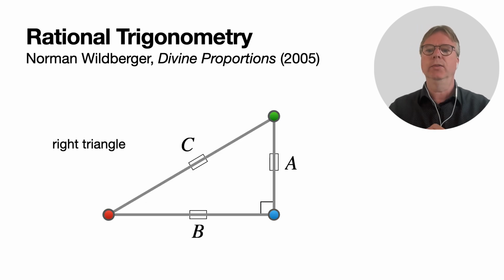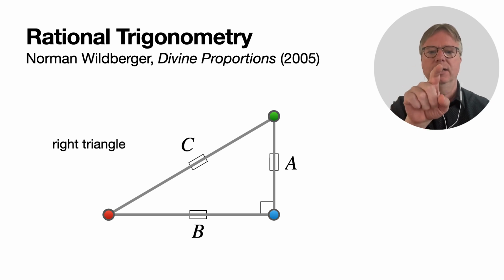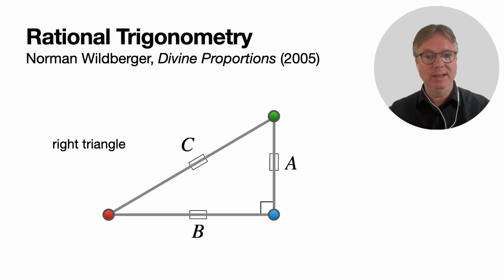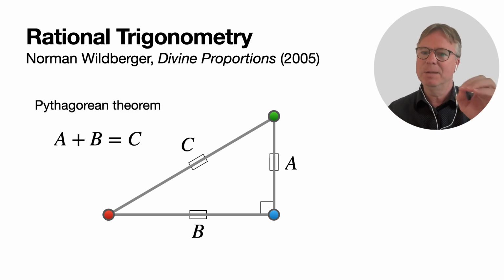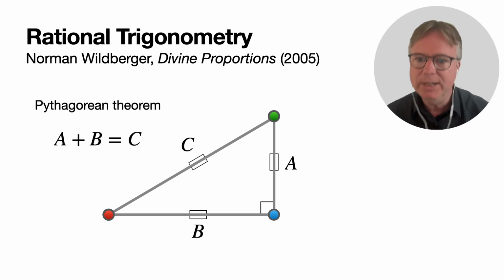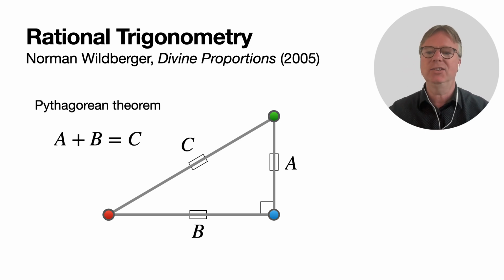So let's get into it. Let's start with a right triangle. It has lengths small a, small b, small c, but in the parlance of rational trigonometry, those are quadrances. So it's big A, big B, and big C. And maybe you can already think ahead, because the Pythagorean theorem is valid here, and it's simpler.